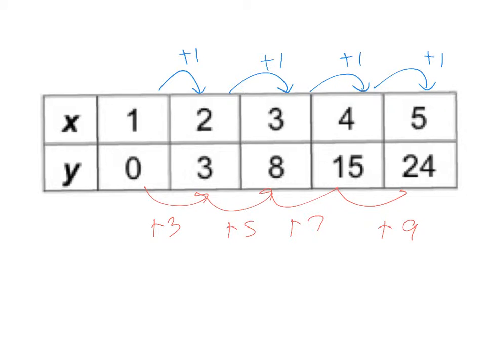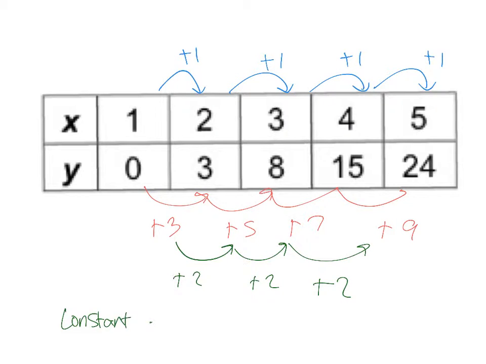My double difference means that I have to have plus 2. Oh, look at that, plus 2, plus 2, plus 2. So yes, this is a quadratic because you have a constant change of x and a constant double difference in y.